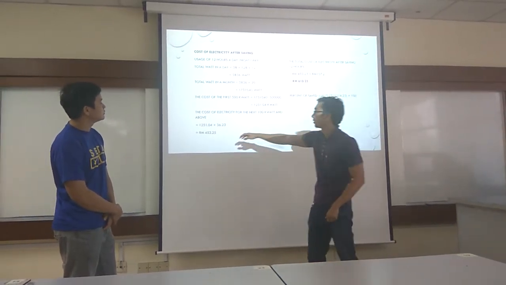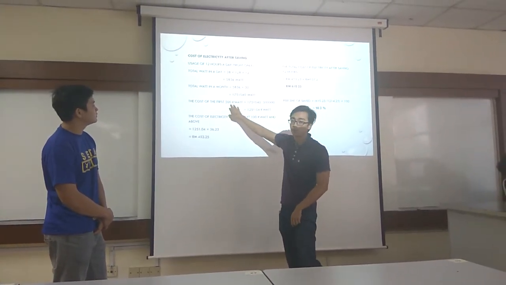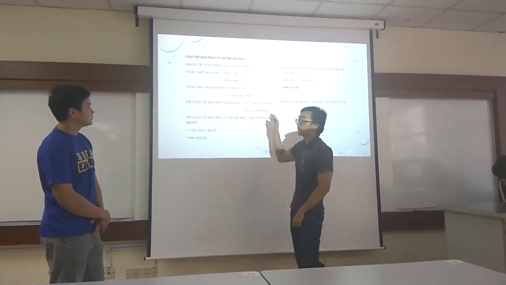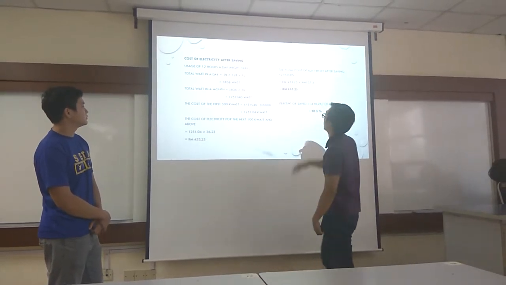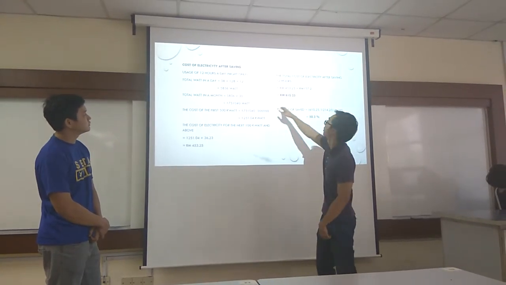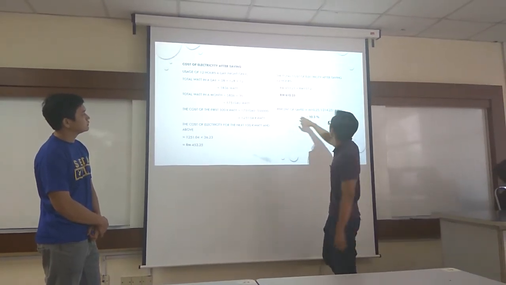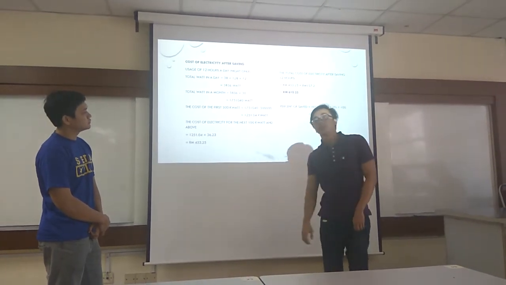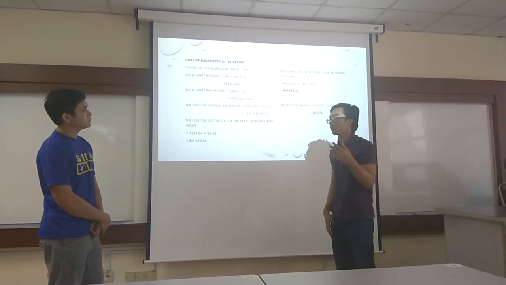This is the total for the first 500 kilowatt, this value, and this is the cost for the next 100 kilowatt and above, 453, and this is the total of the electricity for the 12 hours, which is 610, and this is the percentage, which is 50.3% of the previous total electricity cost.